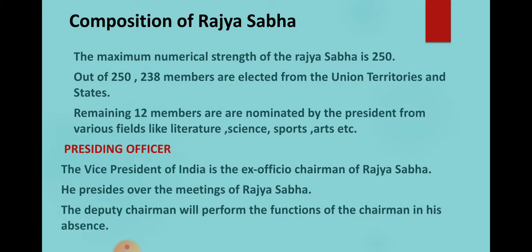The states and union territories are not sending the same number of representatives. Big states and more populated states are sending more representatives, whereas small states are sending fewer representatives. So the population is the criterion for participation of various states.